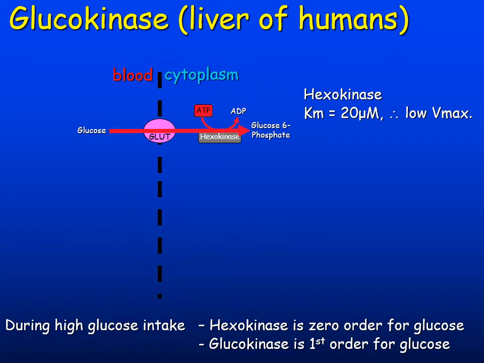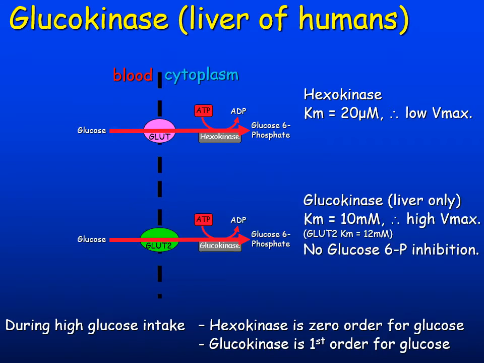So it begs the question, what happens in the liver during the well-fed state when you've got glucose pummeling into those liver cells, diffusing through that GLUT transporter that's got a Km of between 10 and 20 millimolar? There is no way that hexokinase has got any chance of keeping up with the need to phosphorylate all that glucose. Look at its Km, it's just way too low.